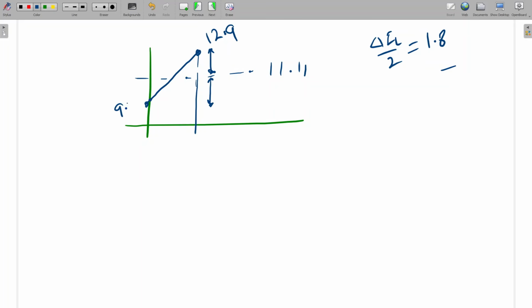Okay, 9.31. And duty is how much? Already we have calculated 0.1. This is 0.1. So how can we calculate the RMS?